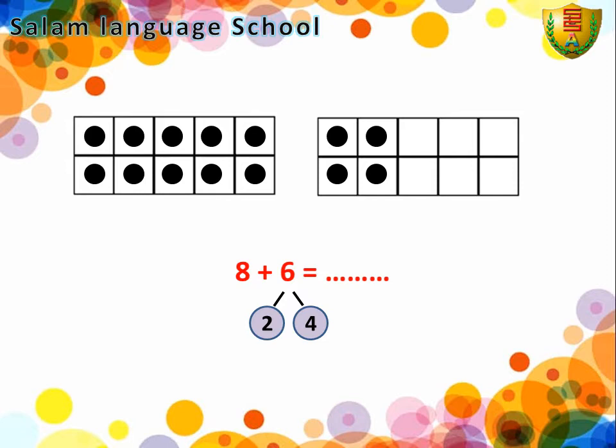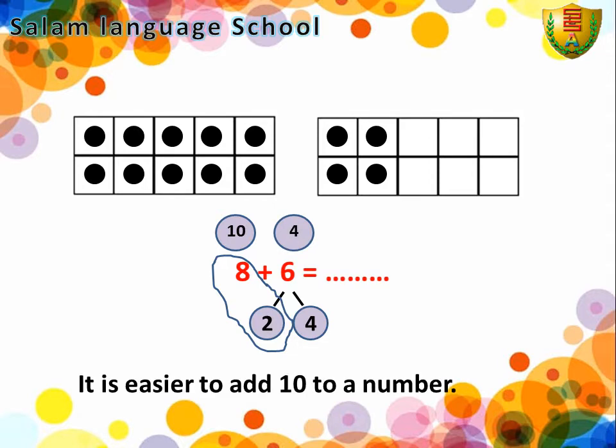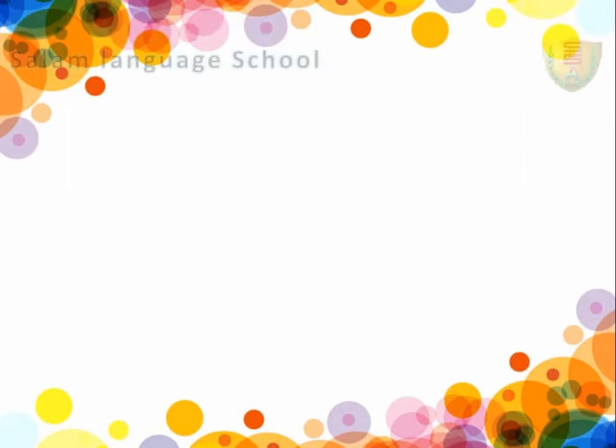The 6 can be divided into 2 and 4. We add 2 to the number 8 to become 10. The remainder is 4. So 10 and 4 is 14. It is easier to add 10 to a number. 10 plus 4 is equal to 14.